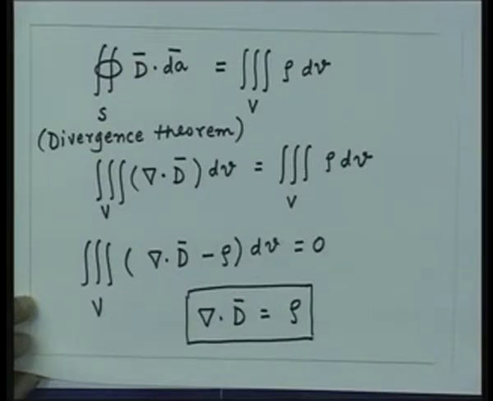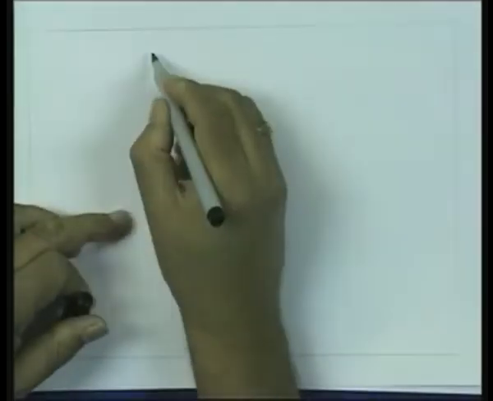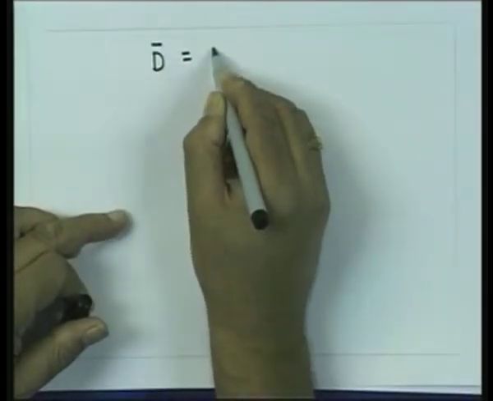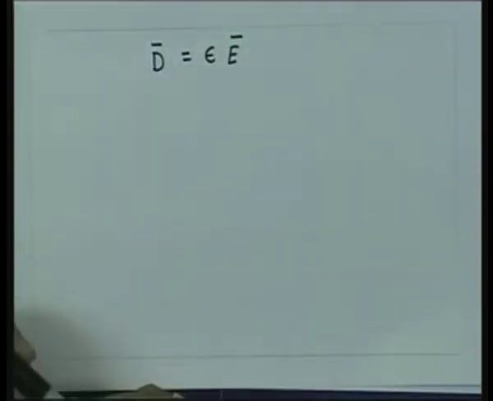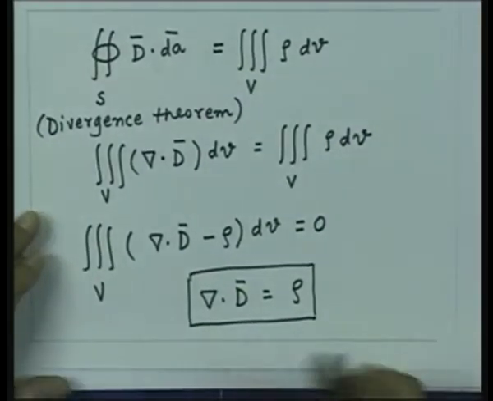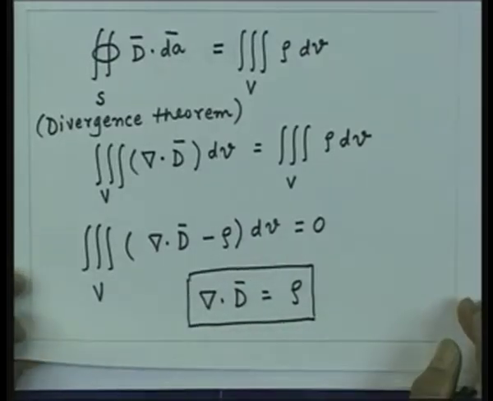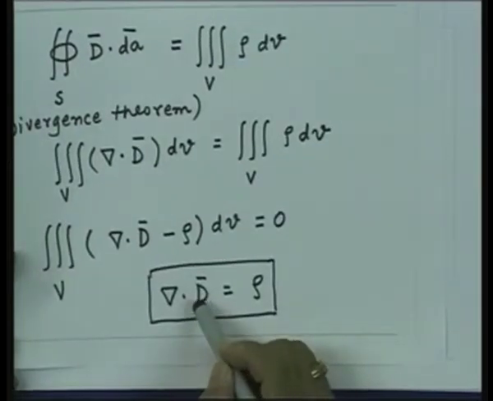Now, this law in general is true. So, the divergence of the displacement vector is the volume charge density. However, we have seen the displacement vector is related to the electric field. So, we have the relationship D is equal to epsilon into the electric field. If we assume that the medium is homogeneous, that means epsilon is not a function of space, then I can substitute for D into this, and epsilon can be taken out.